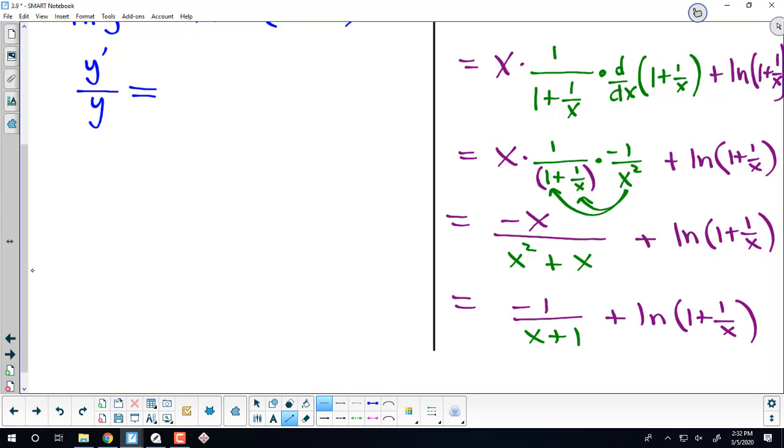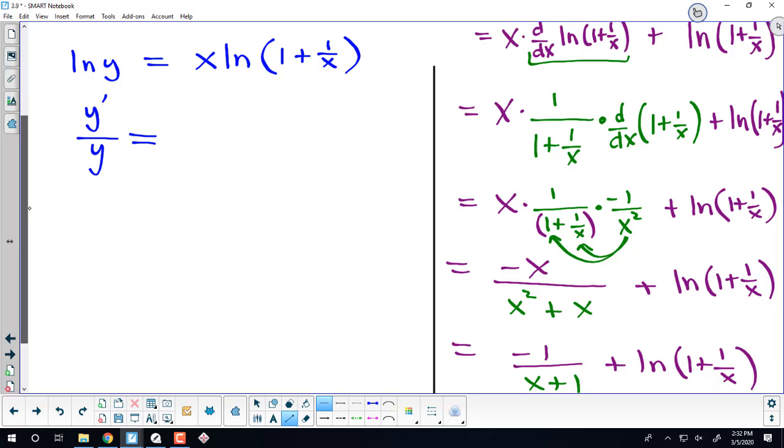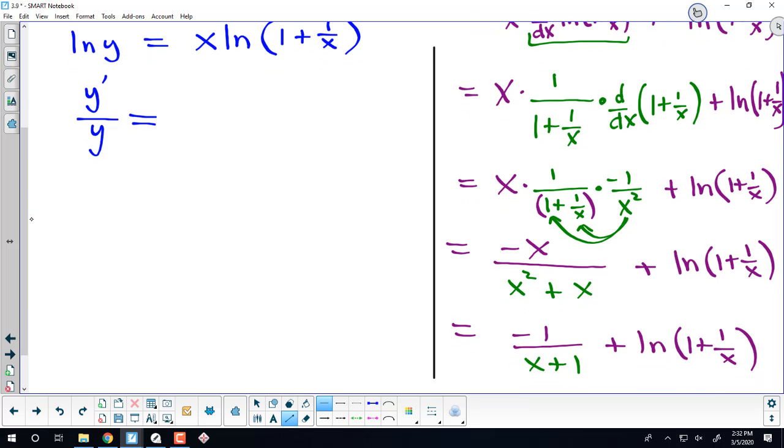All right, so that's the derivative of our right-hand side, x times the natural log of x. Any questions on that?